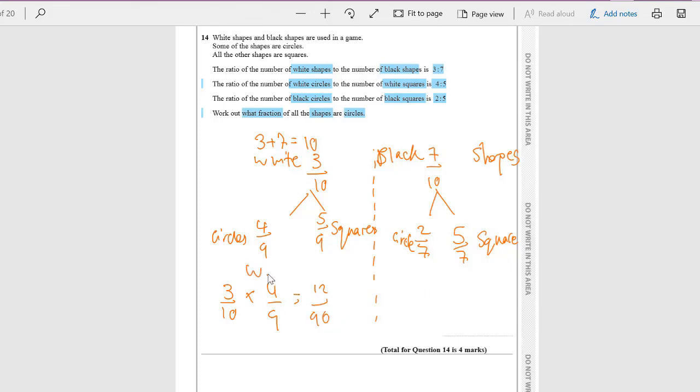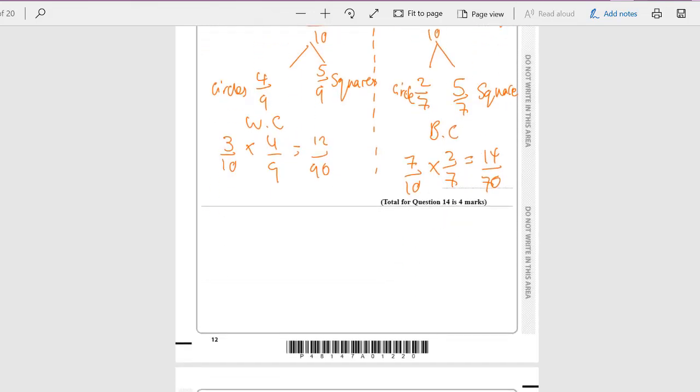And then this is white circles. And here is black circles. So the same thing. We've got 7 over 10 times 2 over 7, which gives us 14 over 70. Just using a different color here to differentiate.